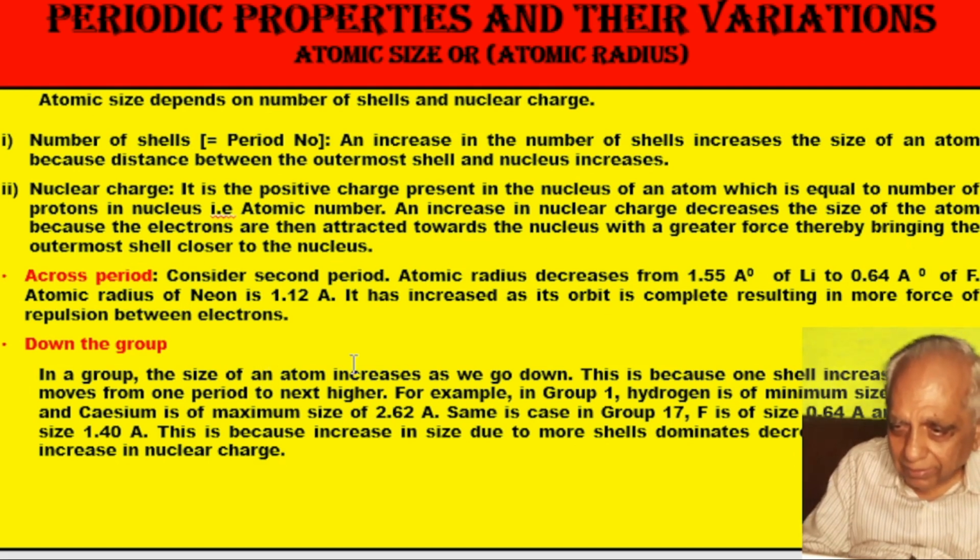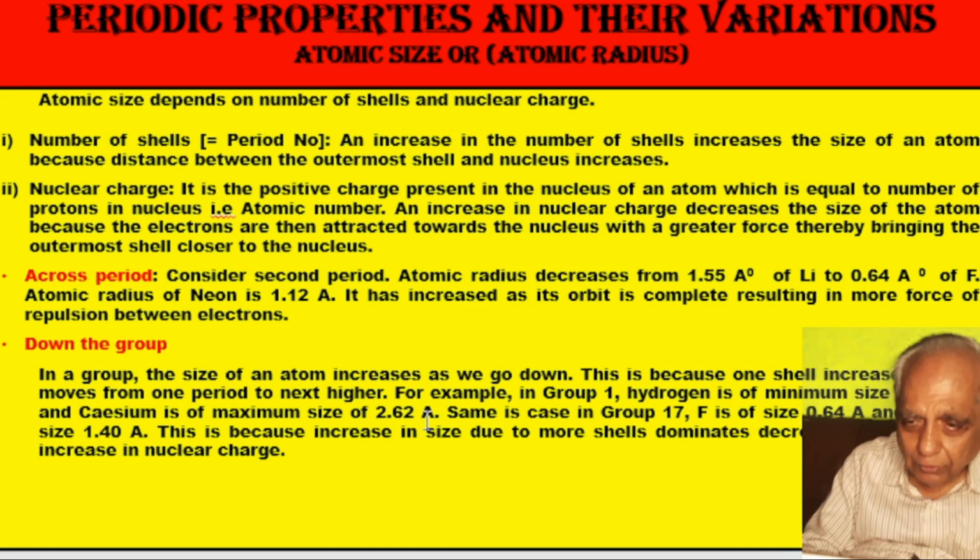So I have given examples here also. Hydrogen is minimum at 0.37 and cesium is having the maximum at 2.62. So you can see the size 0.37 for hydrogen, which is the first atom in the first period. Same if we take the halogen family, group 17: fluorine is 0.64, astatine, which is at the bottom, is 1.4.